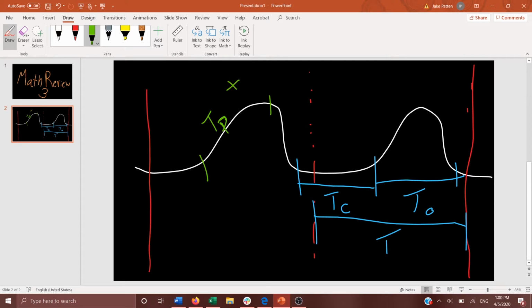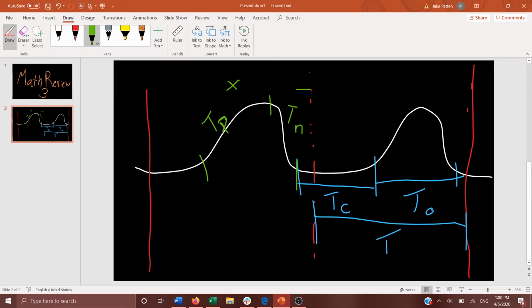And then this other one is TN. That's negative. That's when the glottal opening is closing. And we're going to use these for computing some other things.